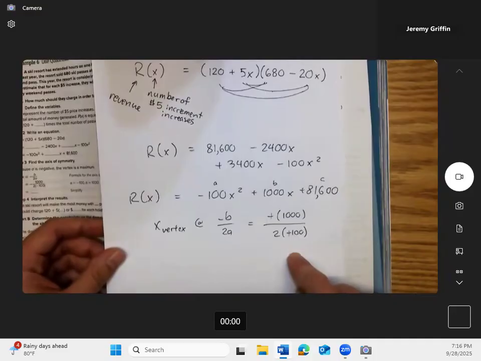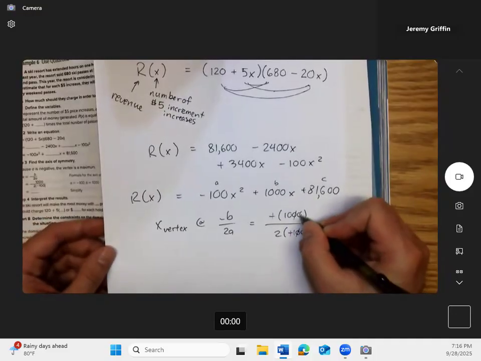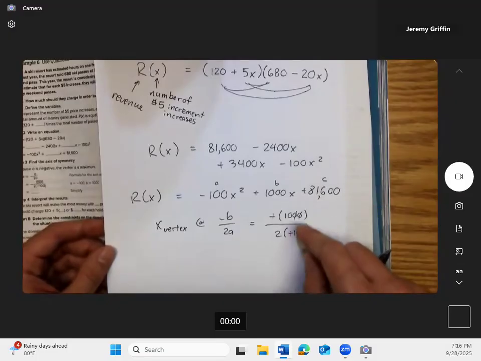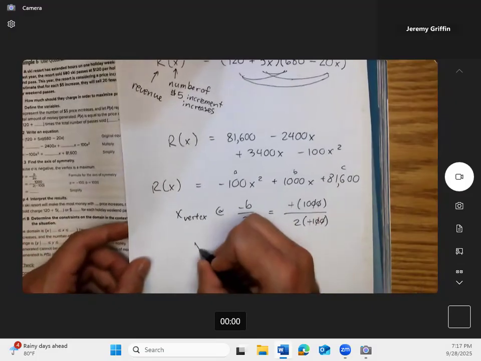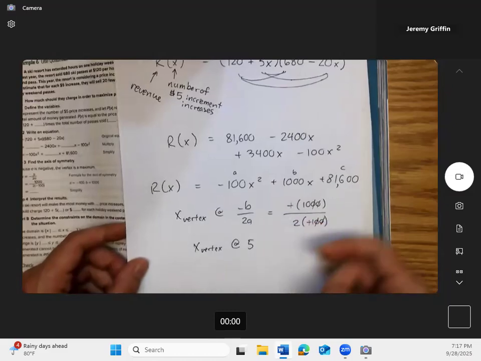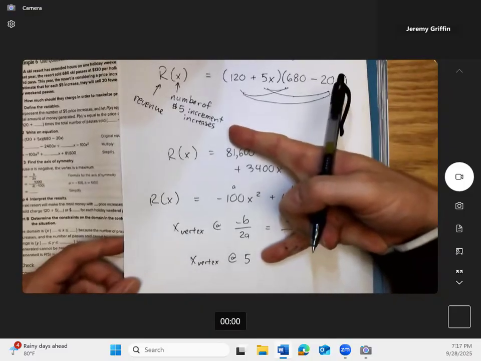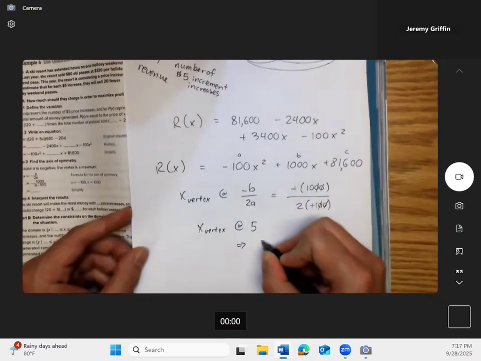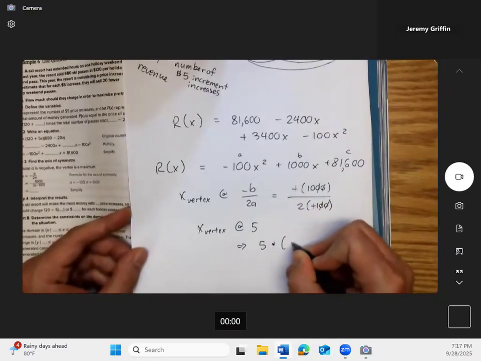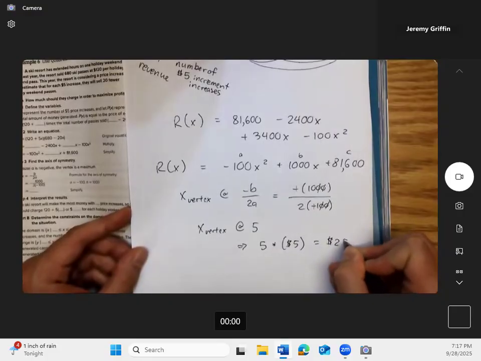So we will be having to increase the price to maximize revenue. These zeros, that's 10 over 2, I think that's 5, right? X vertex would be at 5. So 5 of these incremental increases, $5 increases. So 5 increases times $5 per increase would bring us to a $25 increase.